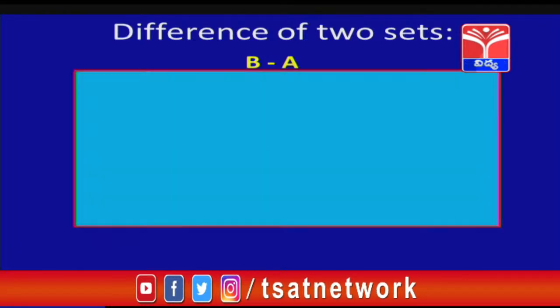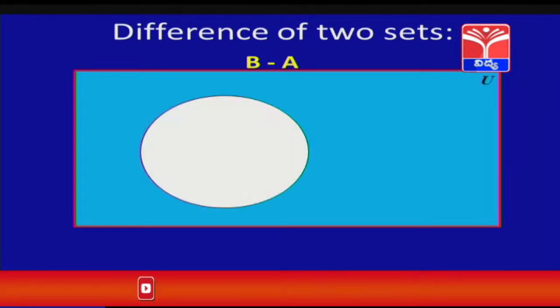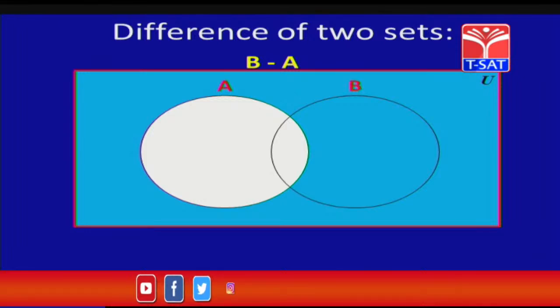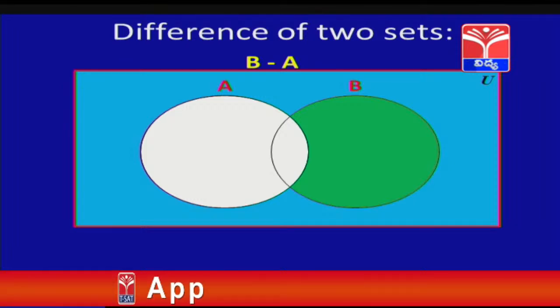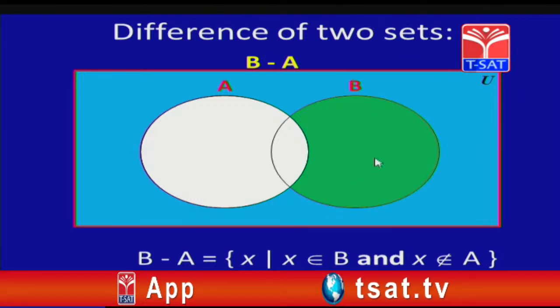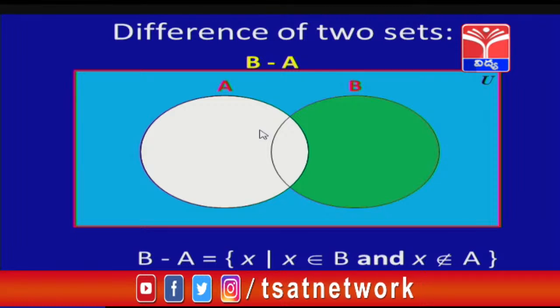Again, we will see what we mean by B minus A. For any difference, I am taking first the universal set. Let us take set A and the same set B. If I remove A from B, that means B minus A. You see here in the green shaded part, whatever elements are here belong to B only but do not belong to A. You have to express that mathematically.